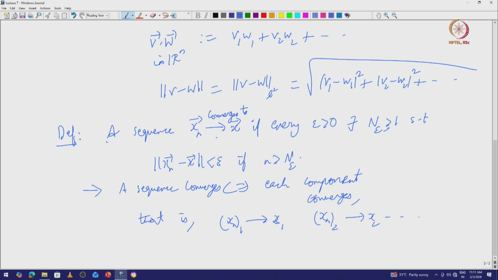And this happens if and only if this happens. So in other words, the convergence of a sequence of vectors in Rn is simply the convergence of n sequences of real numbers. So it's easy to find out when sequences in Rn converge. You simply look at each component and treat them as convergence of sequences of real numbers.